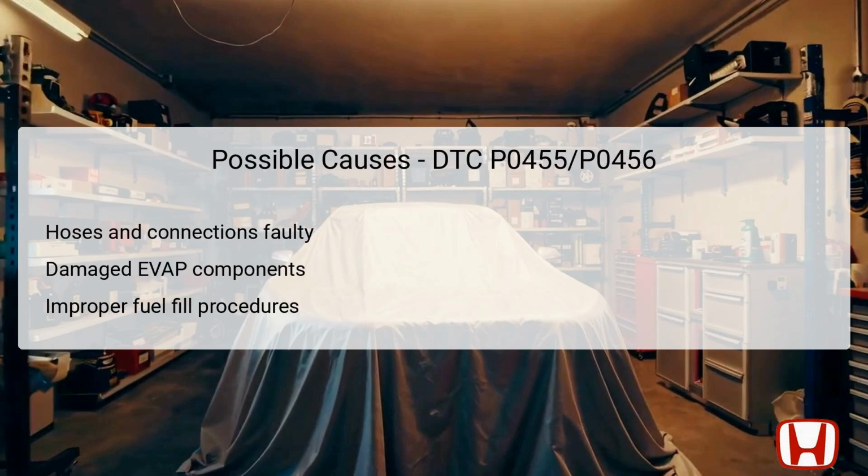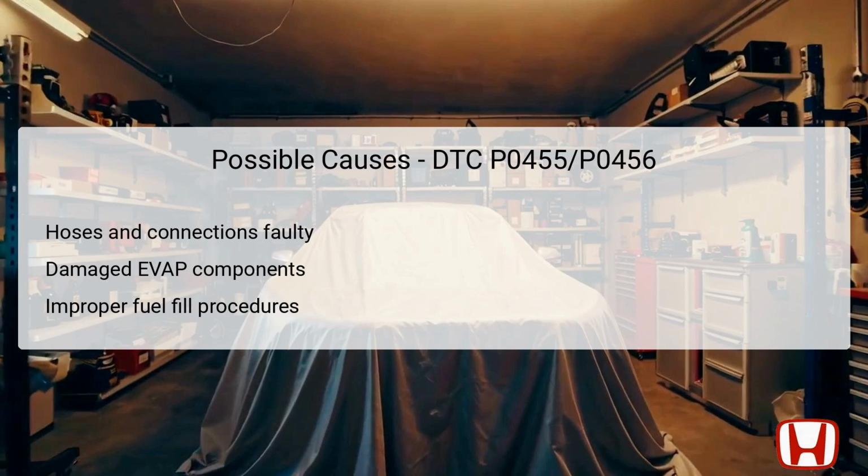There are several potential causes for the DTC P0455 and P0456 codes. One common issue involves faulty hoses or connections that can develop cracks or loosen over time, leading to leaks in the EVAP system. Additionally, damaged components such as the EVAP canister or various valves can contribute to the problem.